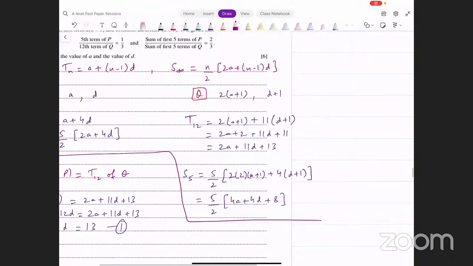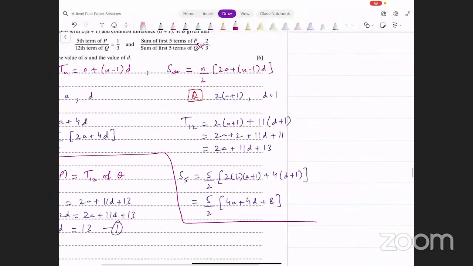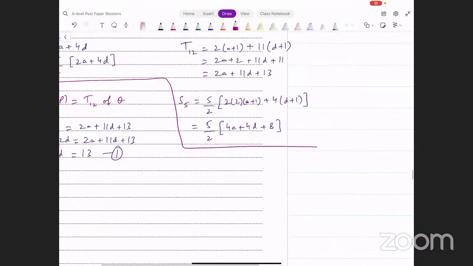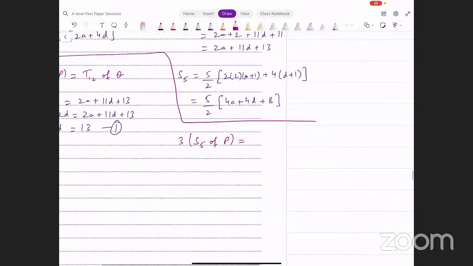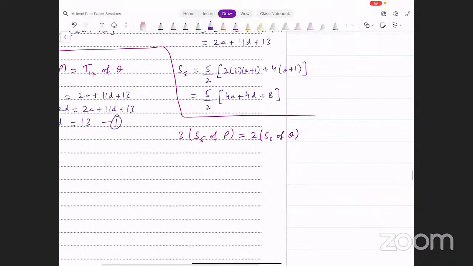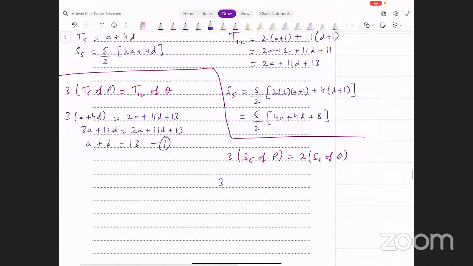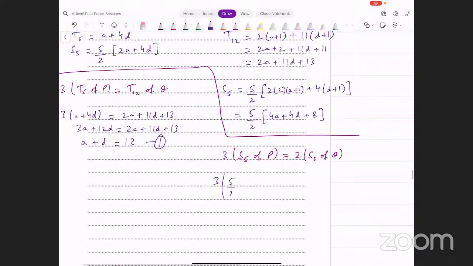Sum of the first 5 terms, इसको भी हम cross multiply करके इस तरह लिख लेते हैं. 3 times sum of the 5 terms of P, that equals 2 times sum of the 5 terms of Q. ठीक है, ये आ गया हमारे पास. अब इसमें वैल्यूज इनपुट कर दें. हमने इवैल्यूएट तो कर लिया ऊपर सब कुछ. 3 into sum of 5 of P, that's going to be 5 over 2 into 2A plus 4 times D.